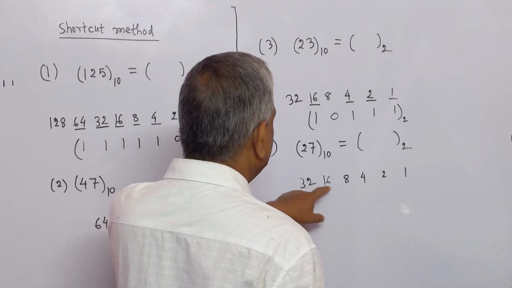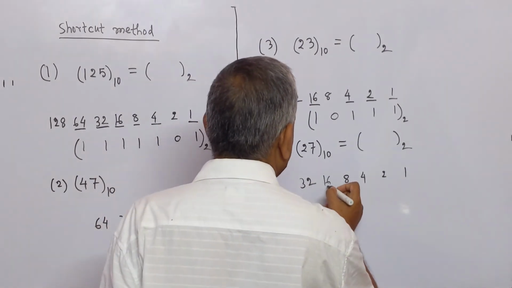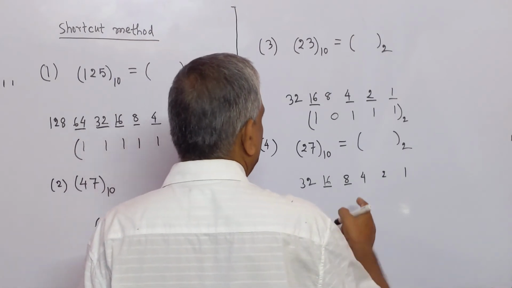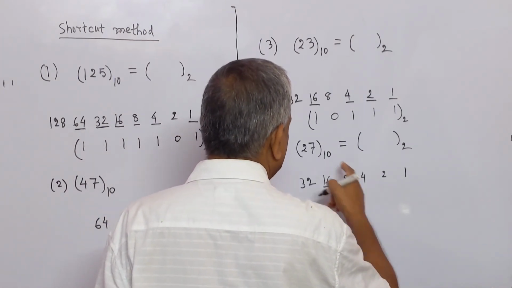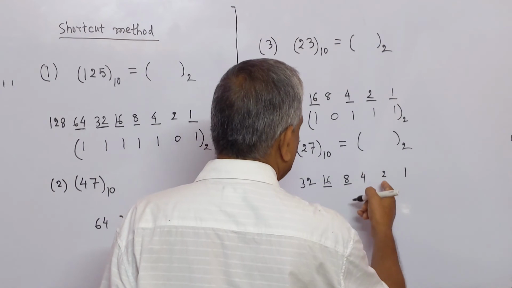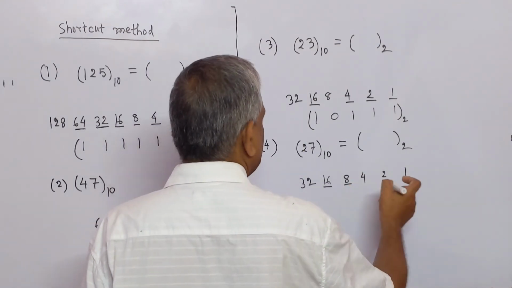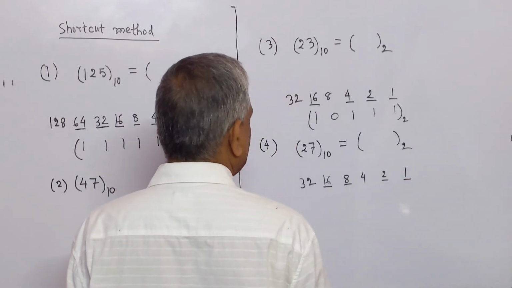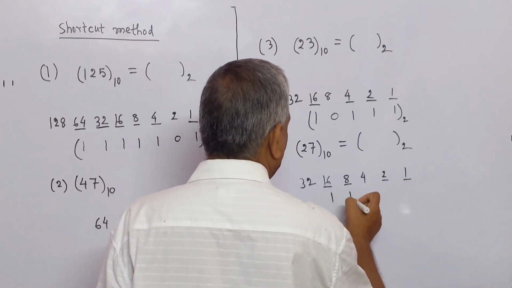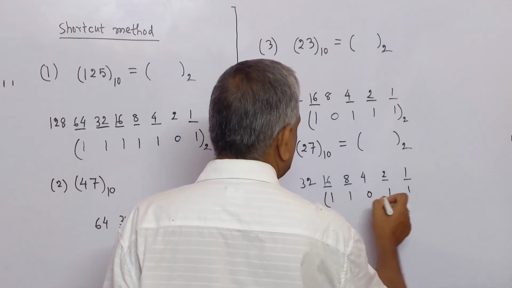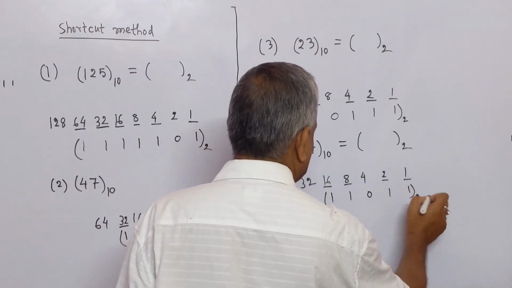So we start from this 16 plus 8, 24. 24 plus 4, 28, which is more than 27. So here 24 plus 2, 26, plus 1, 27. So the number will be 1, 1, 1, 1, rest places 0. So this is the number in binary system.